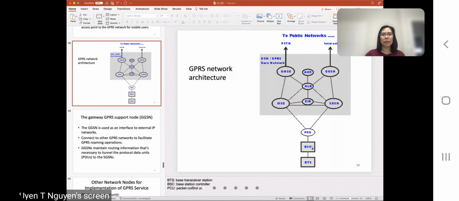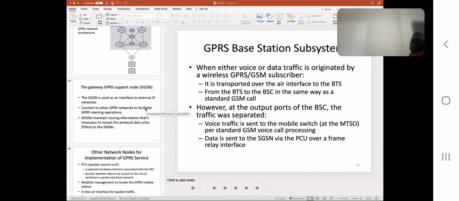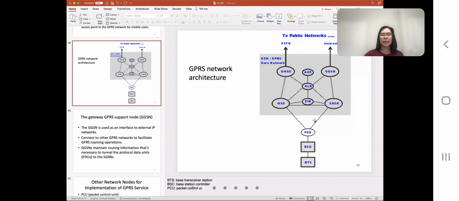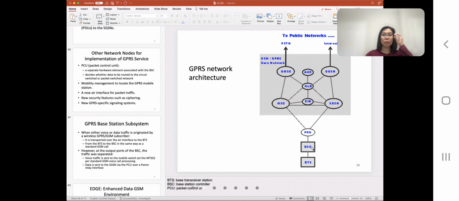The only thing we need to change is at the output port of the controller, where the traffic is separated. The voice traffic will be sent to the MSC and the data traffic will be sent to the SGSN, okay? So that's how the base station had to be modified to support data traffic.